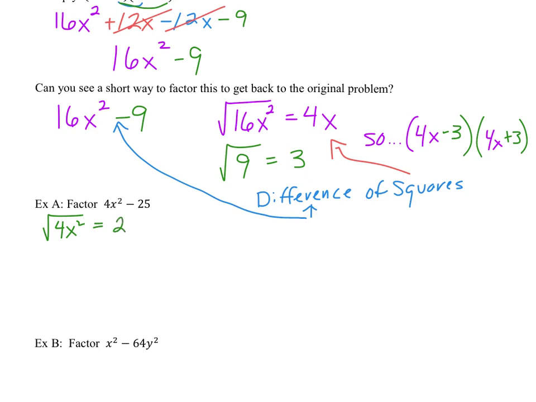You should have said 2x. Yay. And then the square root of 25, what does that give you? 5. So I take my answers and I add them and subtract them. Sweet. Easy, right?